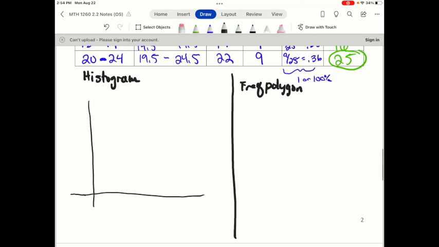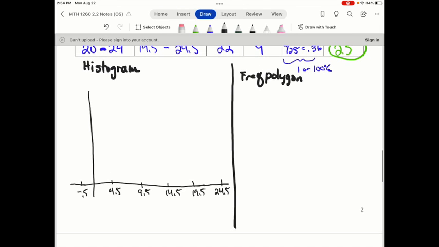So when I draw my boundaries, I'm going to come out to minus 0.5, and then to 4.5, and then 9.5, and then 14.5, and then 19.5, and then for my last bar, it's going to go up to 24.5.